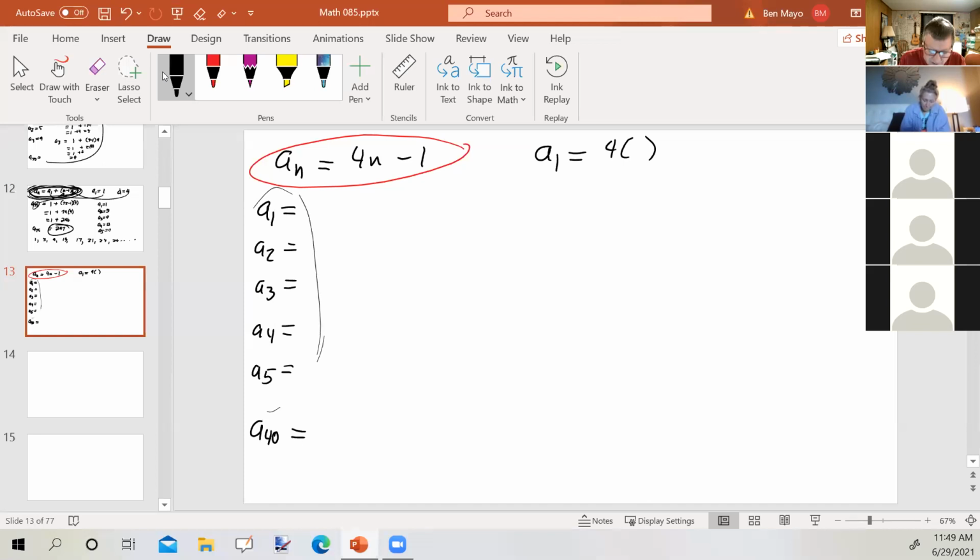We're going to do the first 5 and then we'll find the 40. a sub 1 would be the first term. So n is 1. Again, I'm going to find a sub 1, 2, 3, 4, 5, and then we'll find a sub 40. So a sub 1 is 4 times 1 minus 1, which is 4 minus 1, which is 3. So a sub 1 equals 3.